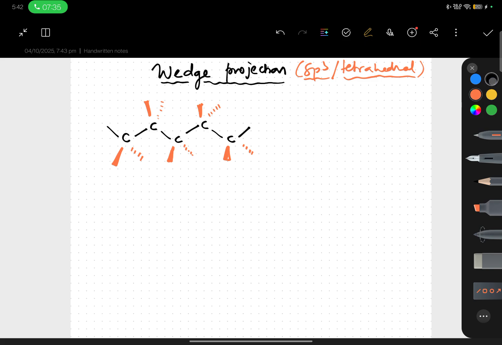So the remaining part you have to balance with hydrogen. So this is another way of writing.